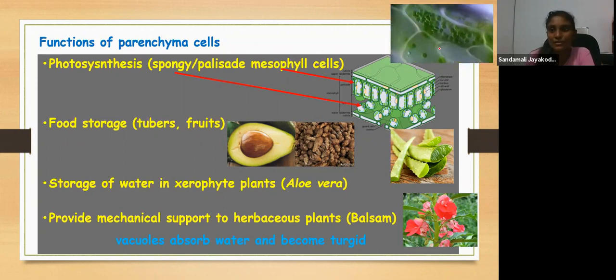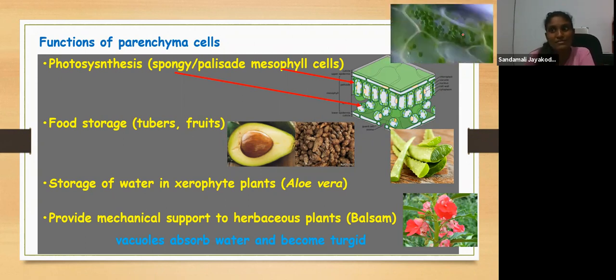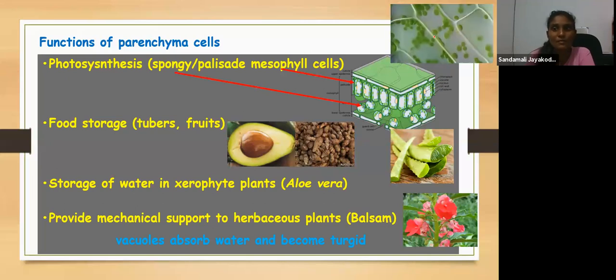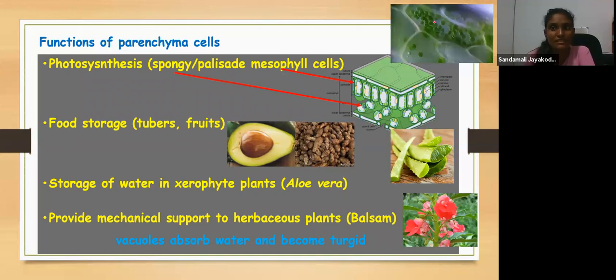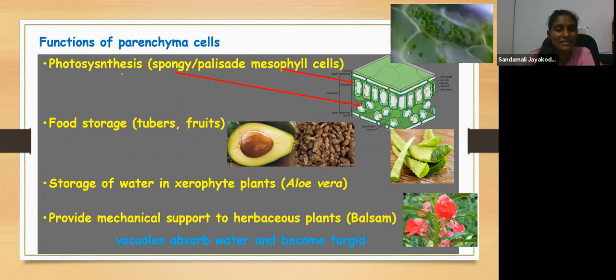They are parenchyma cells. Here you can see the cytoplasmic streaming of the chloroplasts in a normal plant cell. It's a mesophyll cell. The chloroplasts are moving here and there. They are looking for the sunlight in that way. So this function is photosynthesis.